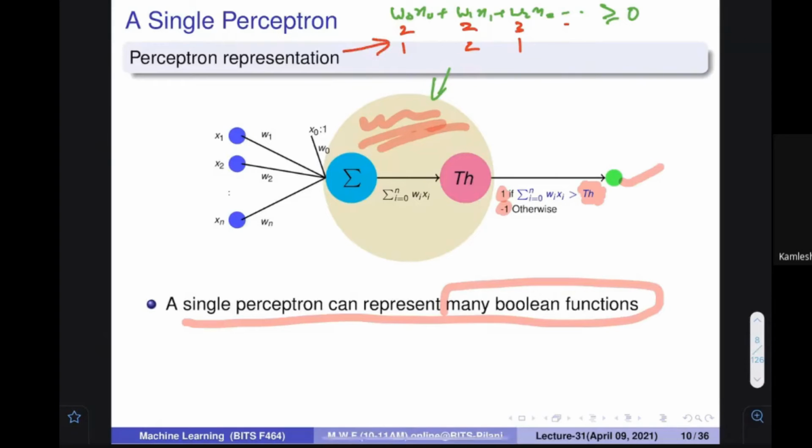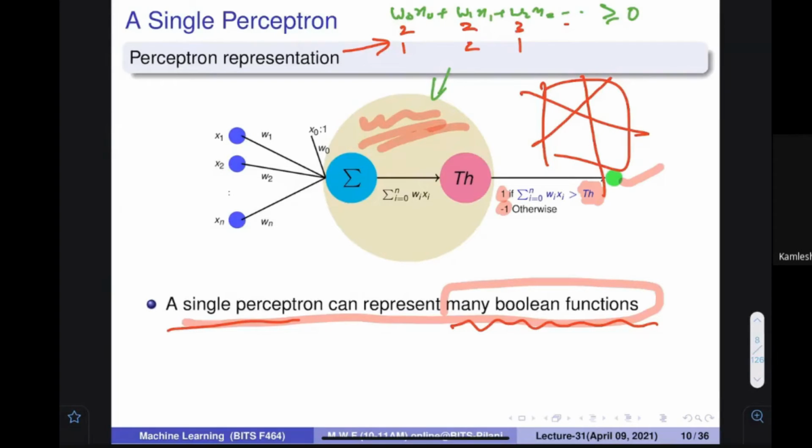If you change these values, instead of this decision boundary you get a different decision boundary. Your decision boundary changes when you change the parameters. So a single perceptron can represent many Boolean functions if you change the W's. If you change the W's, the same unit represents a different Boolean function.